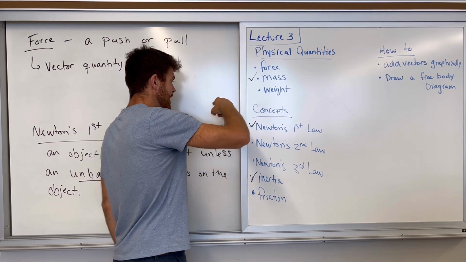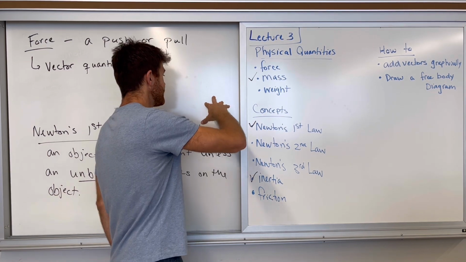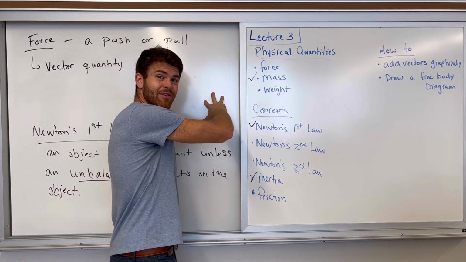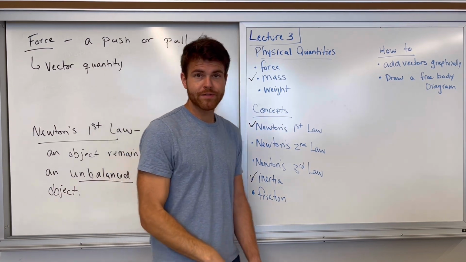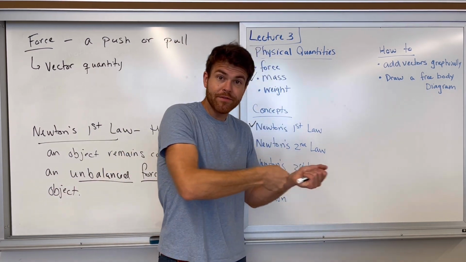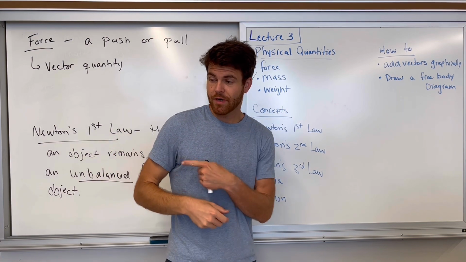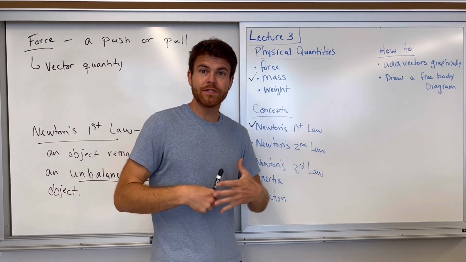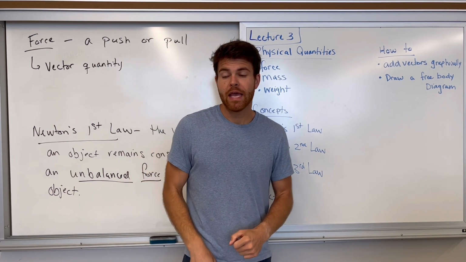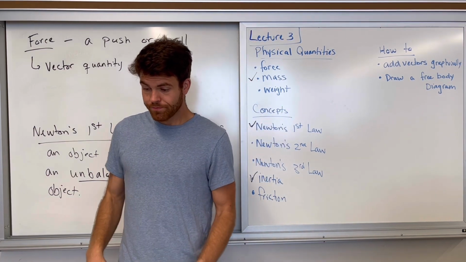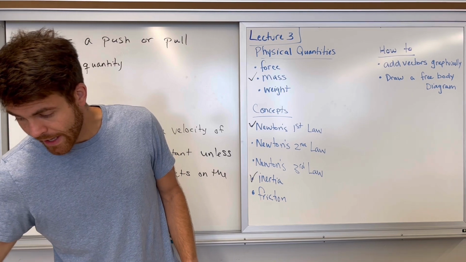I'm pushing on it into the board. So that's the direction, and then there's the magnitude. It's how hard I push. If I pull on something, I pull on it in a certain direction, right? That's the direction, and how hard I pull is the magnitude. So force being a vector quantity, it has both direction and magnitude.